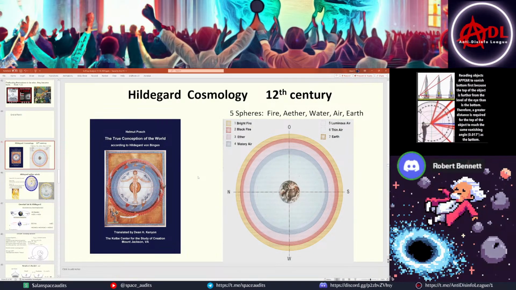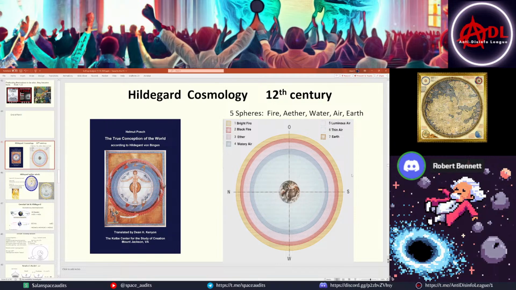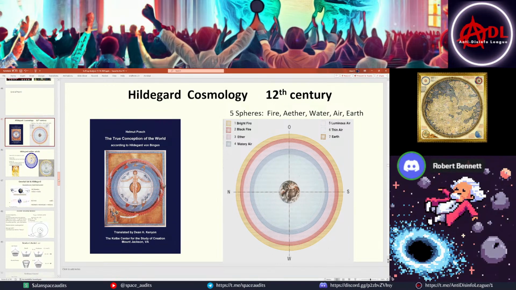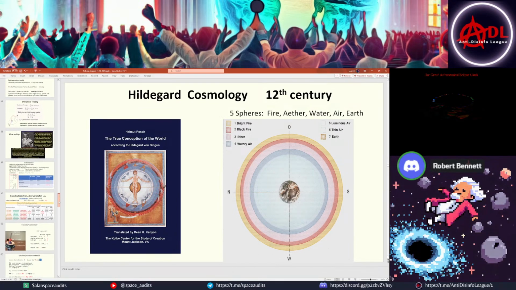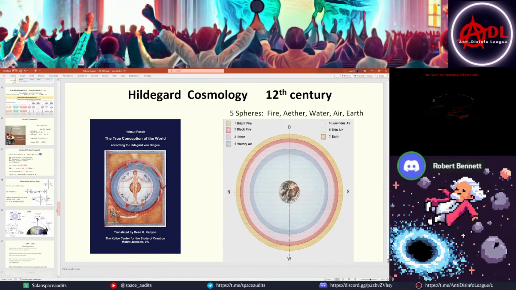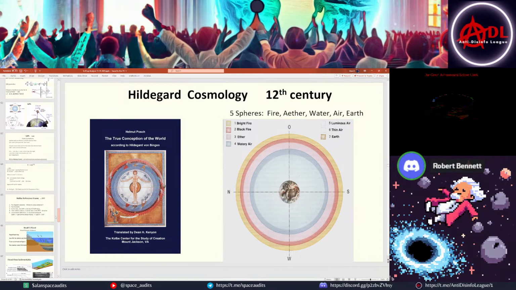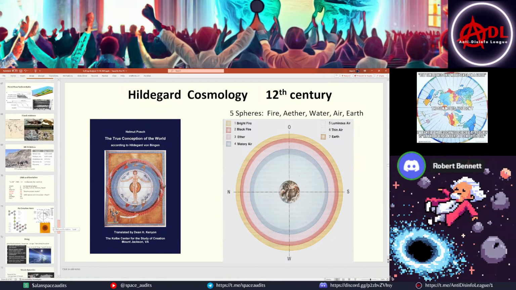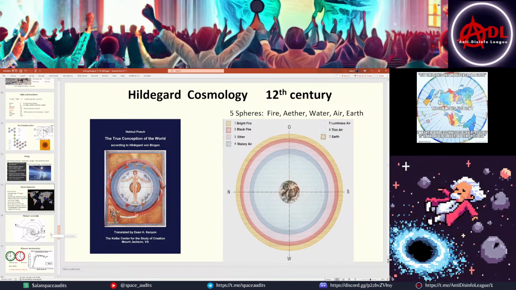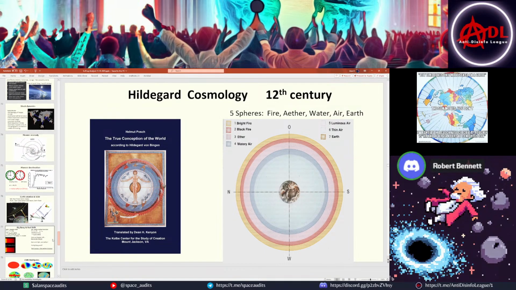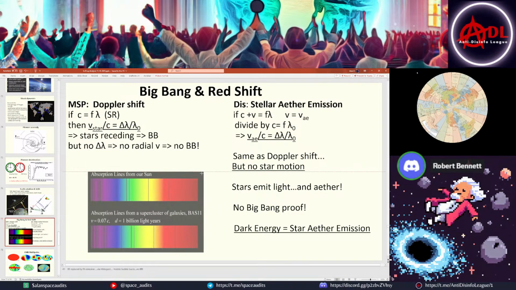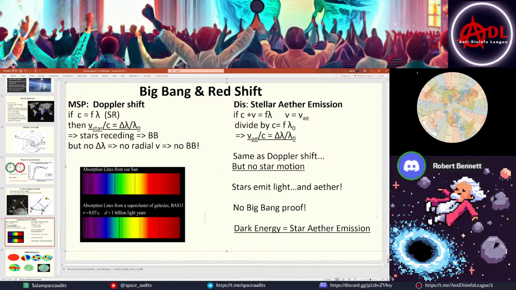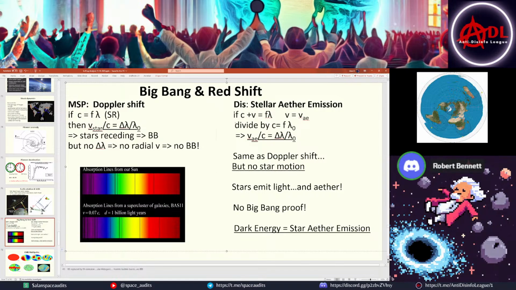The emission of ether from stars, besides light, causes the speed of the light to be boosted, and that would appear to us on Earth as a redshift, because the speed of light would be increased, therefore the wavelength would be longer. So Doppler shift is the conventional description, the belief of the mainstream, that we have a vision of stars that are receding because they're Doppler shifted.